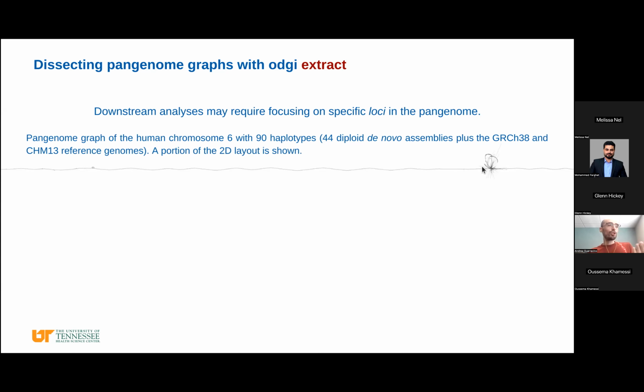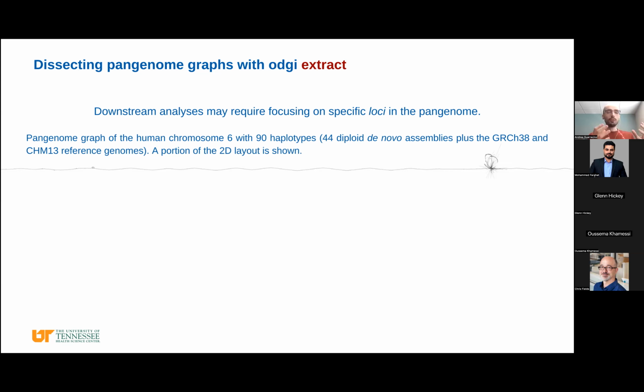So we usually generate whole chromosome pangenome graphs, but people are usually also interested in analyzing specific loci. You can extract loci of interest from your pangenome graphs with Odgi extract.